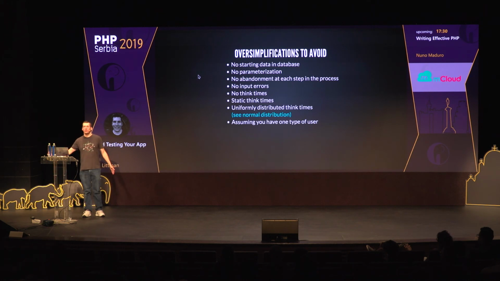And then you have your expert user on the other end of the bell curve, or maybe it's not even a bell curve because there is a completely different distribution of times that an expert user takes to interact with your system because they already know where everything is. They're going to click through as quickly as possible.